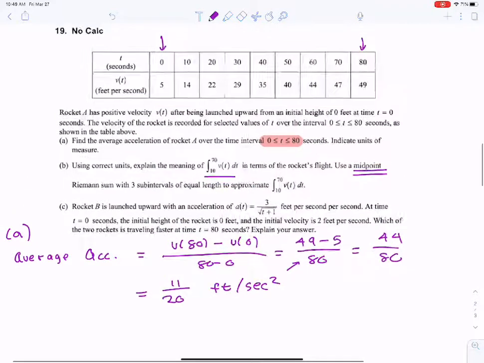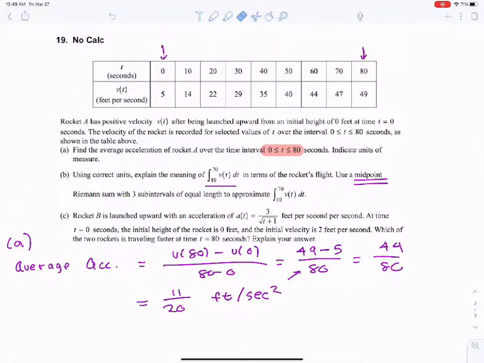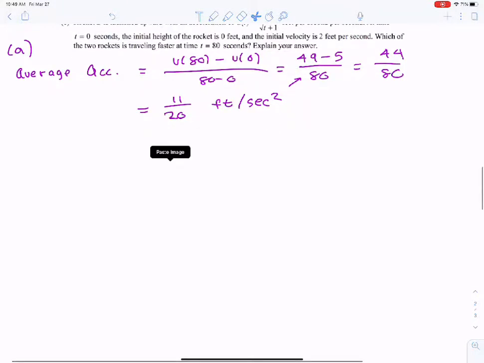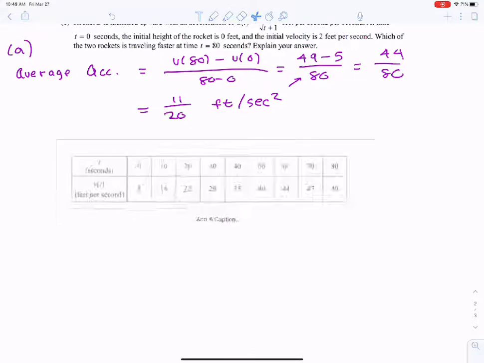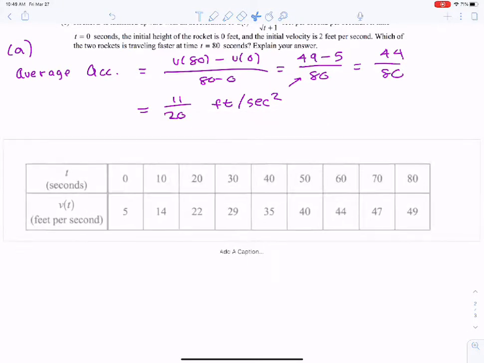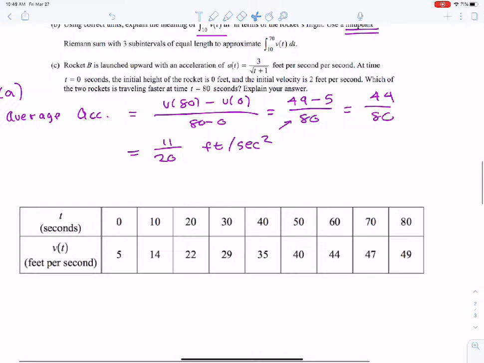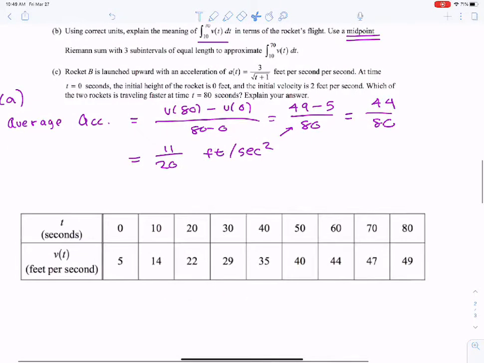First thing is I'm going to grab my table just so it's a little bit closer to me. Okay, and we are doing this from, what did it say? 10 to 70.